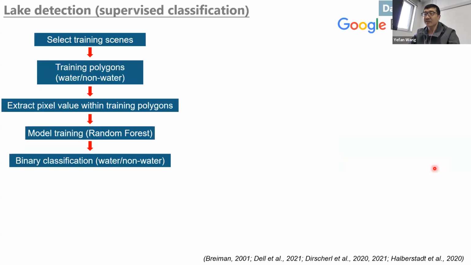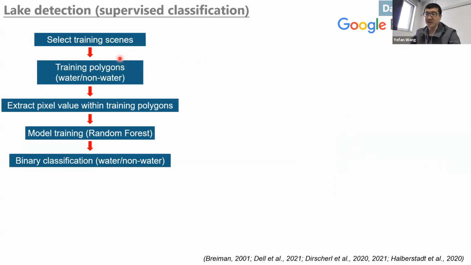After the data is ready, I start my lake detection. I use a machine learning supervised classification method. First, from these many images, I selected the training scenes, and in these images I identify where the lakes are and where there are no lakes.